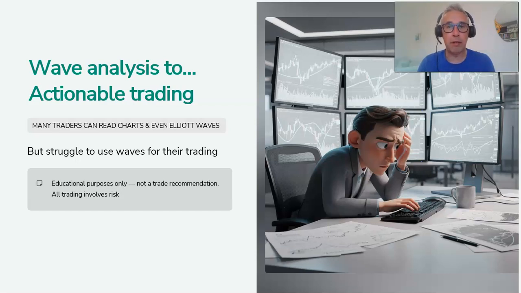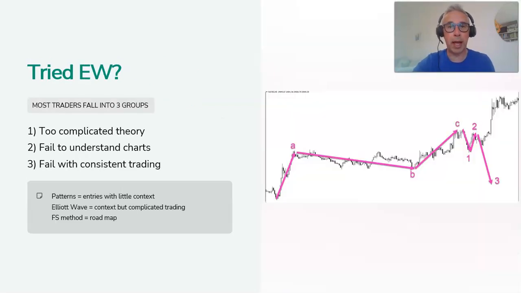And I love the Elliott Wave patterns, but it's not as easy to master and understand. It gives you a lot of context, but I think it's difficult to translate all that information into actionable trading. So I think that a lot of traders struggle with that.